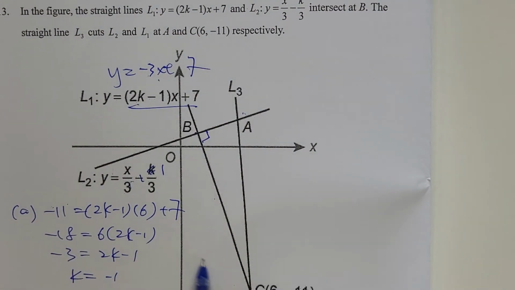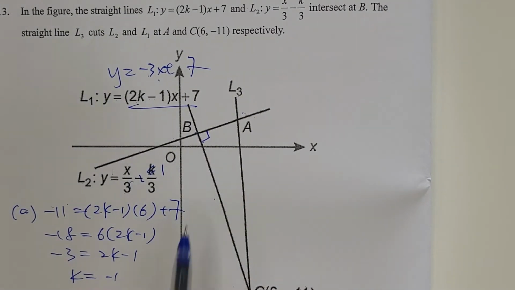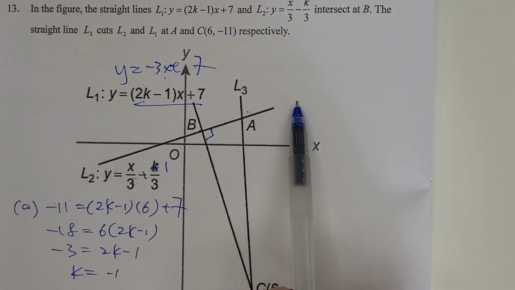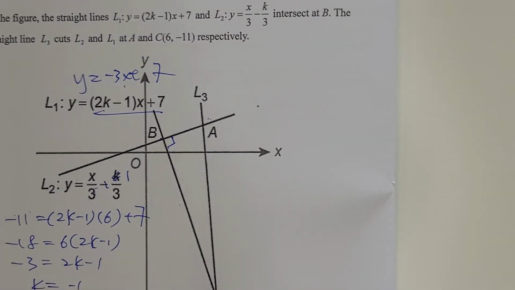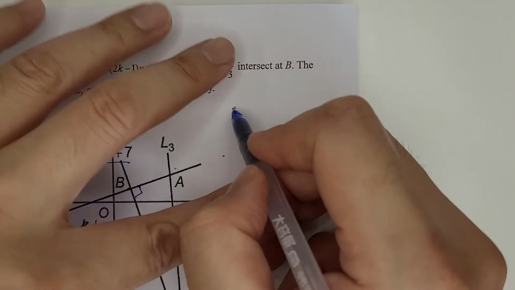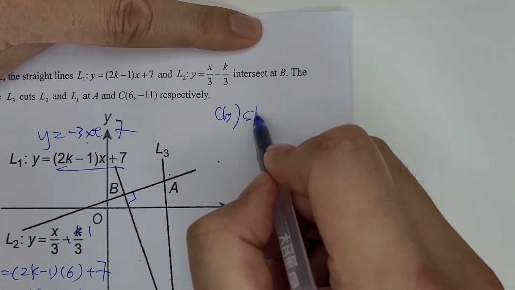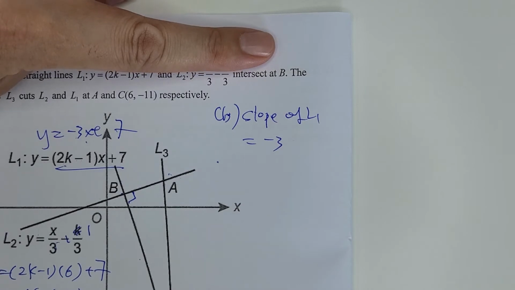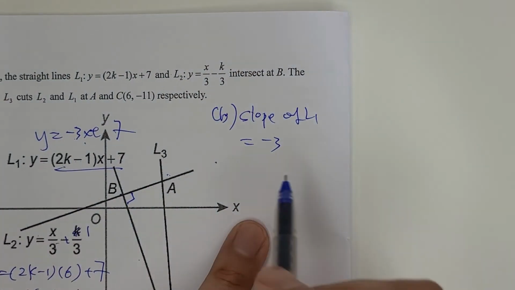So in a right-angled triangle, the orthocentre would be at the right angle. So for part B, what we need to do is show L2 is perpendicular to L1 and then find the coordinates of B. That's enough. So part B, slope of L1 is negative 3, from 2 times negative 1 minus 1.